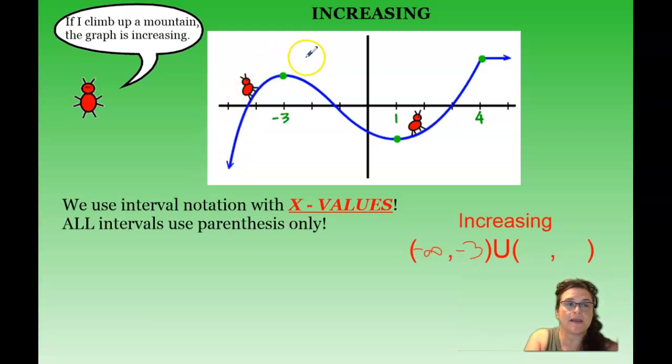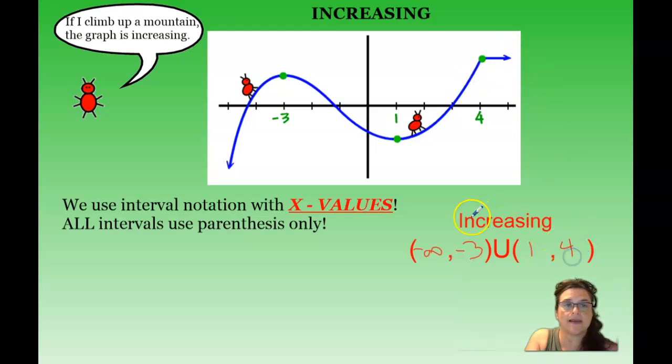Then as he turns at this relative maximum, he starts going downhill, so he's decreasing until he gets to x equals 1. At that relative minimum, he turns and starts going uphill again. That's a new increasing interval for this function. It started at positive 1, and continues until x equals 4, at which point Pierre changes direction again.